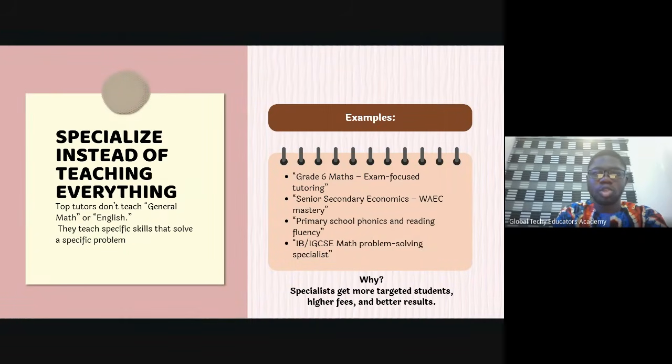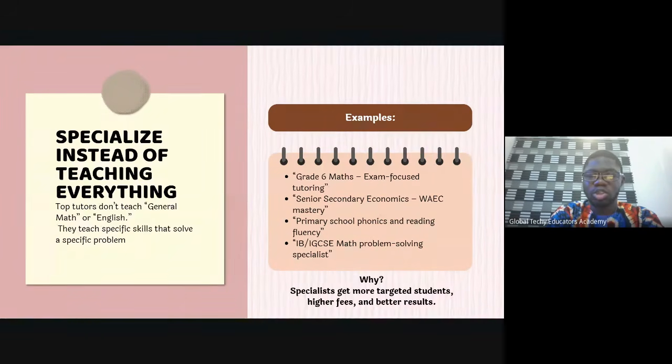Okay, so the first one is specialize instead of teaching everything. Now, some people, when you ask them what can you teach, they will mention maybe 10 subjects that they can teach online. And I will tell you that it shouldn't be so.